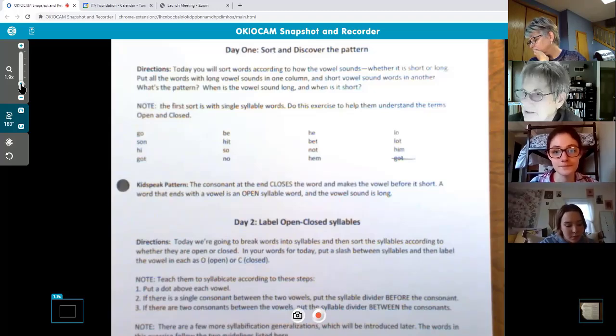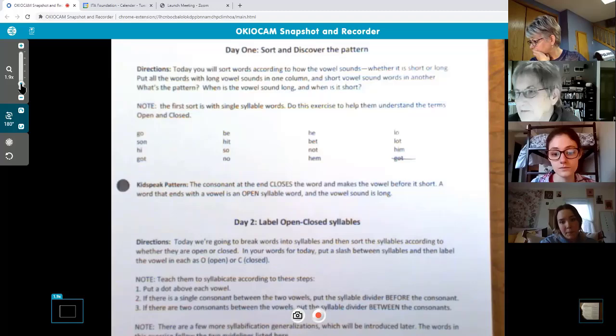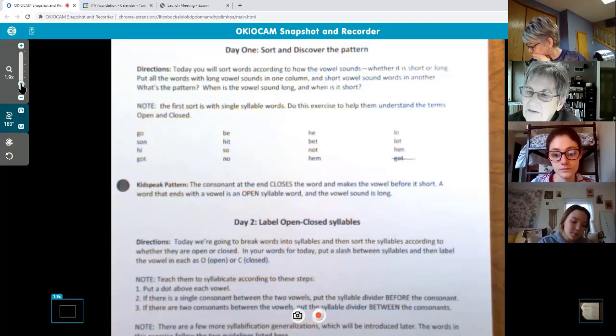The consonant protects that vowel and it makes it short. If it ends in a vowel, it's an open syllable, and in syllables, it's almost always a long vowel. It's not always. We'll talk about that near the end of the manual, but that's next year. Okay. So this is a very, very important understanding for the kids to understand.